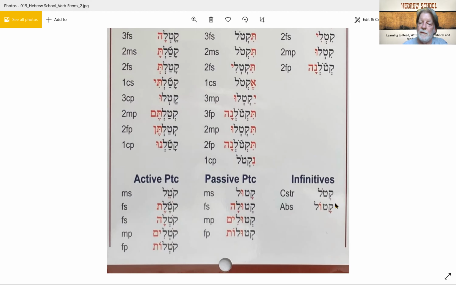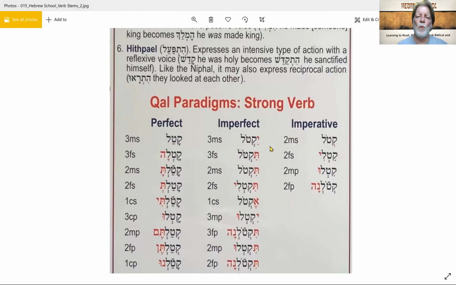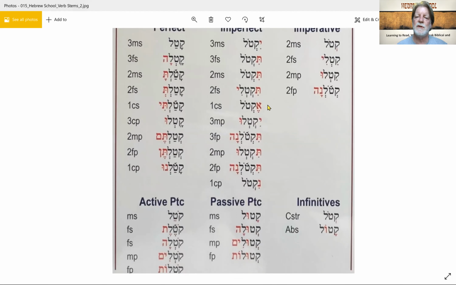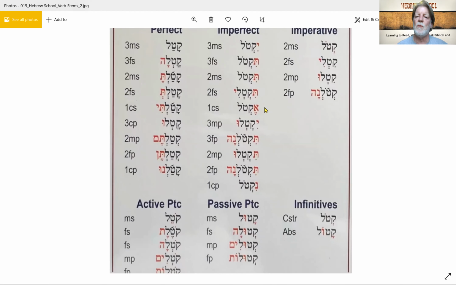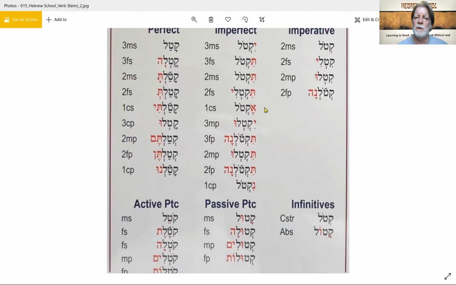The infinitive absolute is similar sounding, but it's got a kamets instead of a schwa, and it's got the holam vav instead of just a holam by itself. So that's what one of the paradigms looks like. It's the most basic one, the most simple one, the one we'll come across most often.